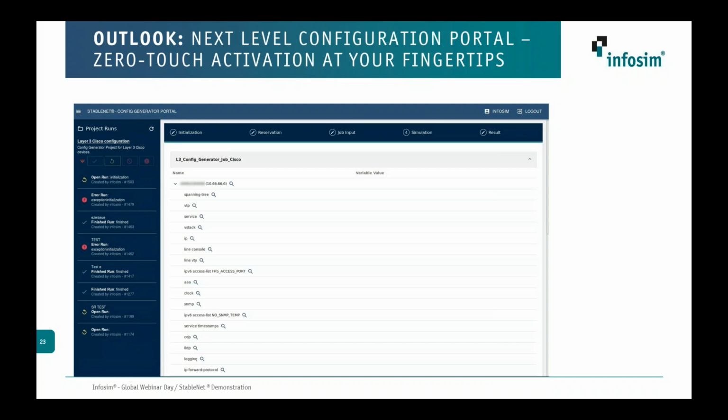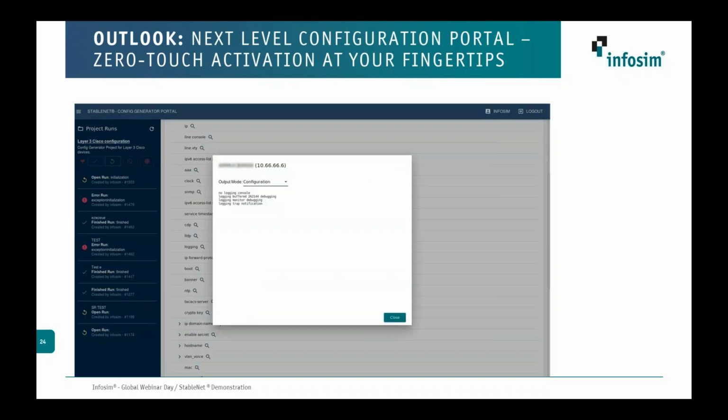And the simulation now offers you the config for the device, separated by the parts of the configuration. If you click on the zoom icon, then you see for one part of the configuration how it looks. For example, here I selected the logging, and you can see how the logging configuration for this device would look. So you can see it before this configuration is rolled out.